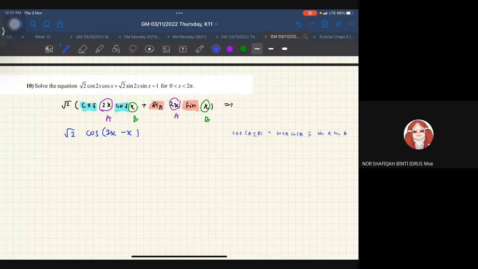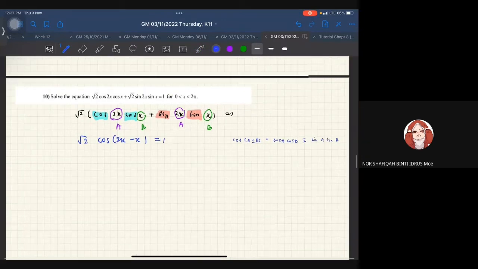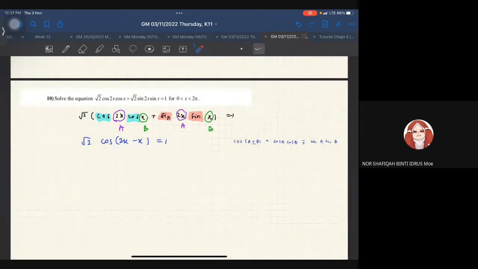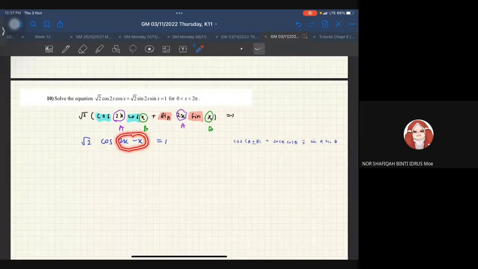Okay, and then equal to 1. Okay, so let's simplify this one. So awak ada 2x tolak x, so dapatlah x sahaja. So terus dapat jawapan set 2 cos x equals to 1. Okay, so dah sampai sini. Awak nak saya sambung ke awak nak saya tersendiri? You want me to continue or you will continue it on your own?